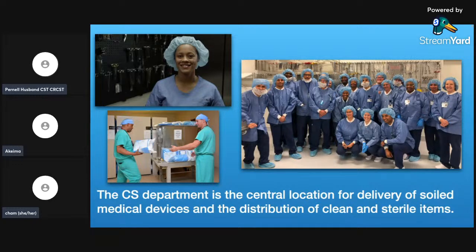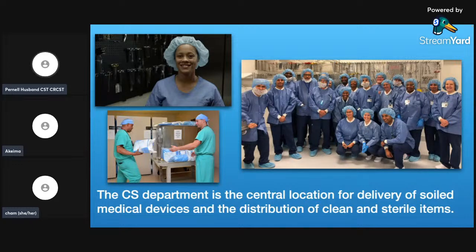Let me give you another example, because I don't remember if this example is in the slides or not. Some central service departments may process instrumentation for just the operating room. Some hospitals are set up that way, and that will be an SPD, a sterile processing department.